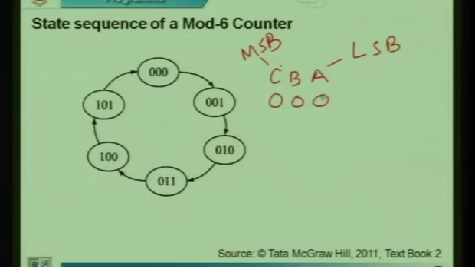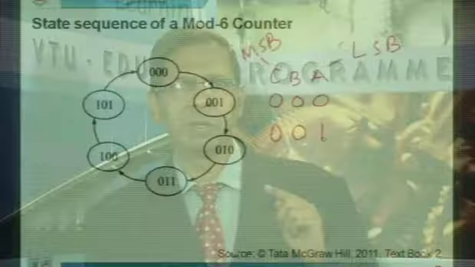For example, initially let us say the values are 0, 0 and 0. Next time when the clock pulse comes, I want the counter to indicate 0, 0, 1. What does this mean?